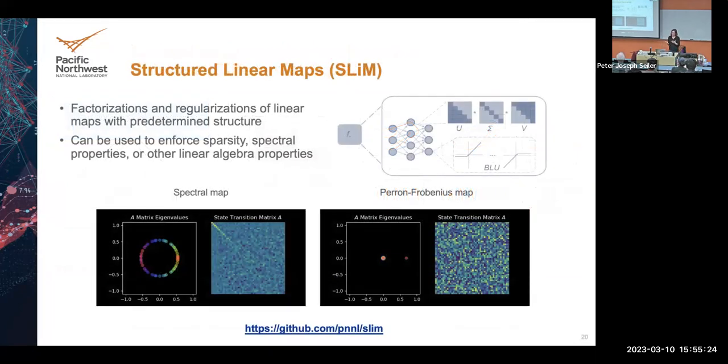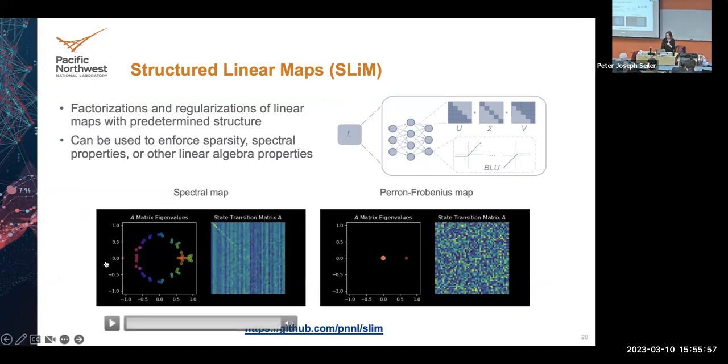Okay, so those are ways in which we can introduce physics. There is one more way in which we can introduce physical knowledge into the architectures of our models, and this is a way to enforce constraints in each layer of the neural model. Here we're showing how, during training, at a particular layer, we can enforce that the eigenvalues are all in the unit circle.